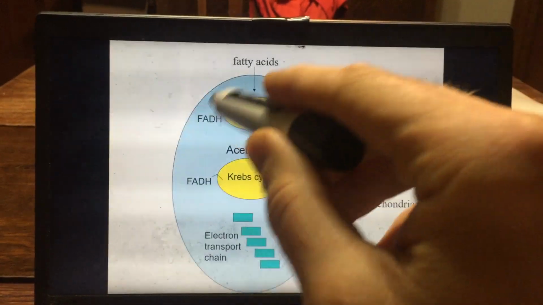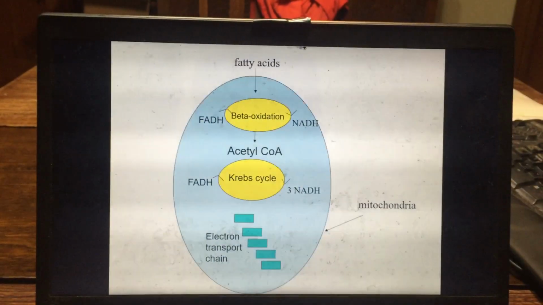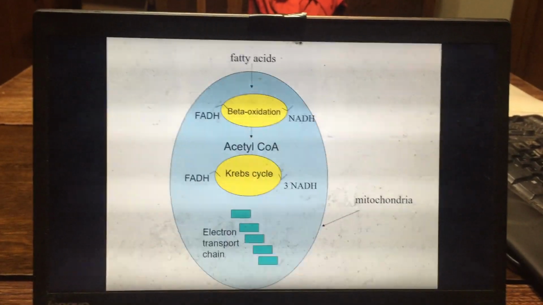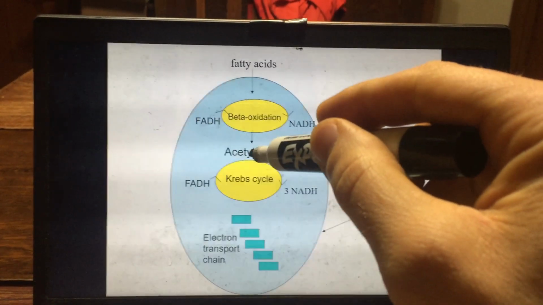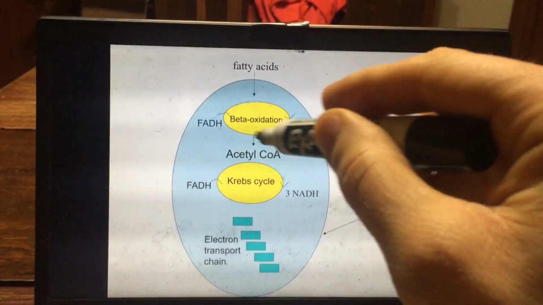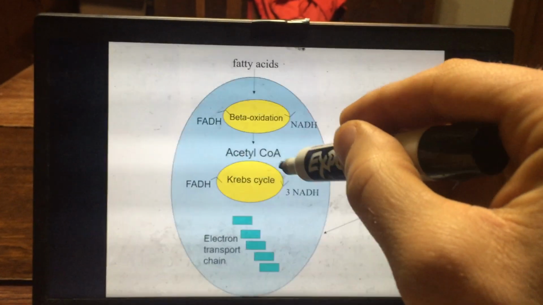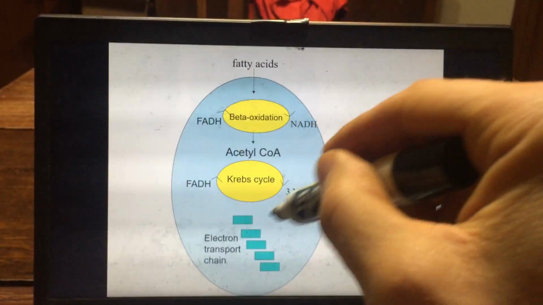So it goes through this beta oxidation multiple times, chopping the carbons by two at a time. Those two carbon molecules then form acetyl-CoA. So recall acetyl-CoA is a two carbon molecule, and then the acetyl-CoA goes through the Krebs cycle.